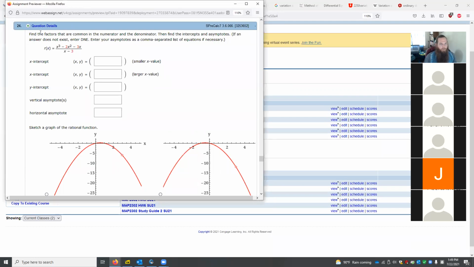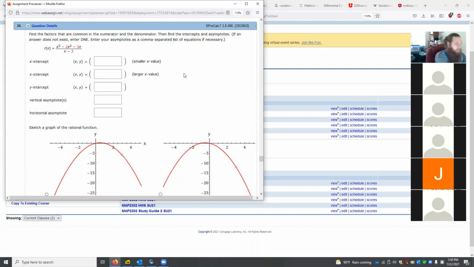Okay, so find the common factors top to bottom, find intercepts and asymptotes, any if something doesn't exist, and then we're going to draw the graph. They've told us that there may be factors which are common to the top and bottom. That's sweet of them to do. I'll write this down. Number 24.